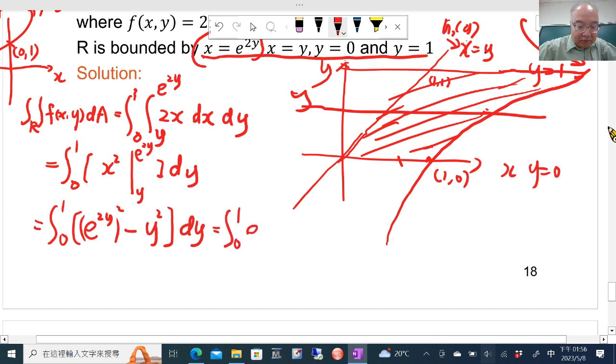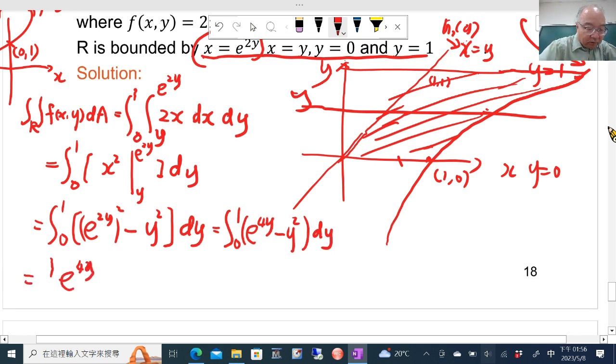Zero to 1, e to the 4y minus y squared dy. So in the first one, e to the 4y times 1 over 4, minus y to the power 3 times 1 over 3, and plug in from 0 to 1.